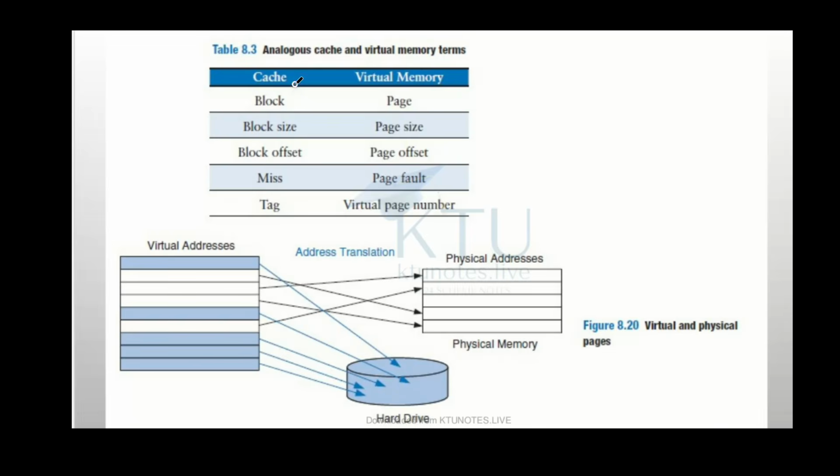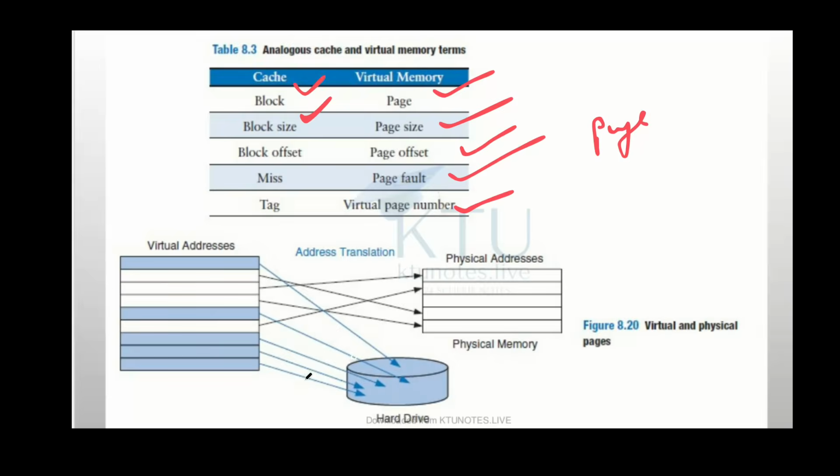So let's understand. A block in cache is a page here in virtual memory. Block size in cache is page size in virtual memory. Block offset in cache is known as page offset. A miss is known as a page fault, and the tag is the virtual page number. Through the page number we will be able to access it.